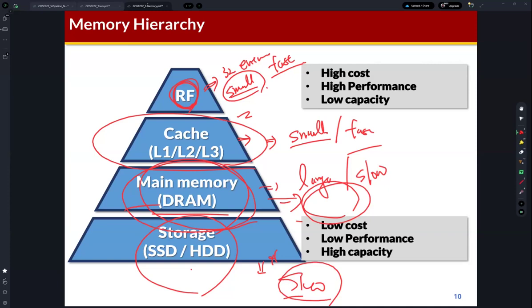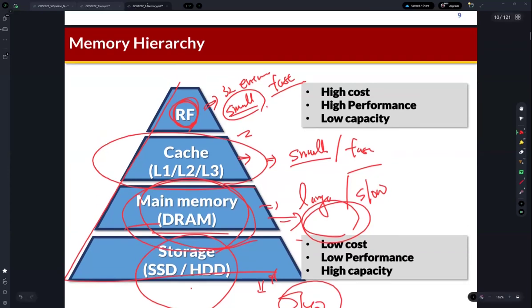So what can you observe? In a computer system, there are different types of memories, and different levels of memory. We organize the different types of memories like this hierarchy. The processor is here, at the top of the hierarchy.